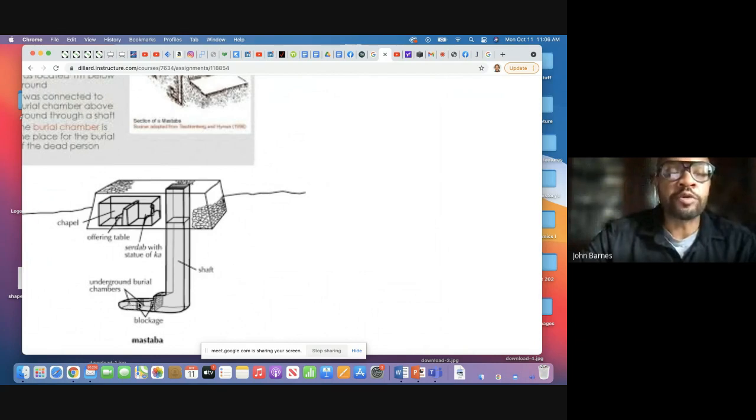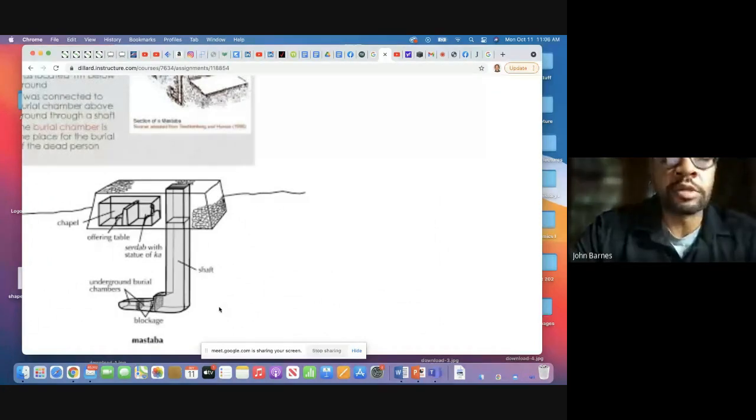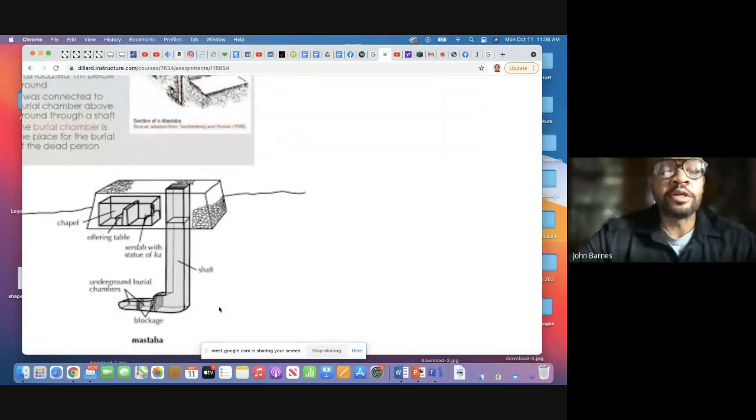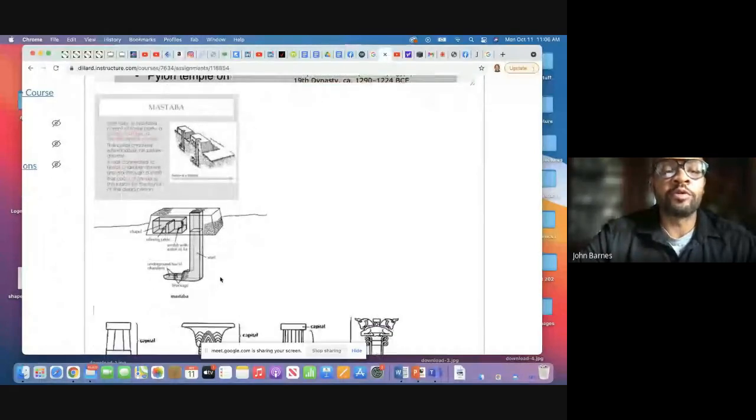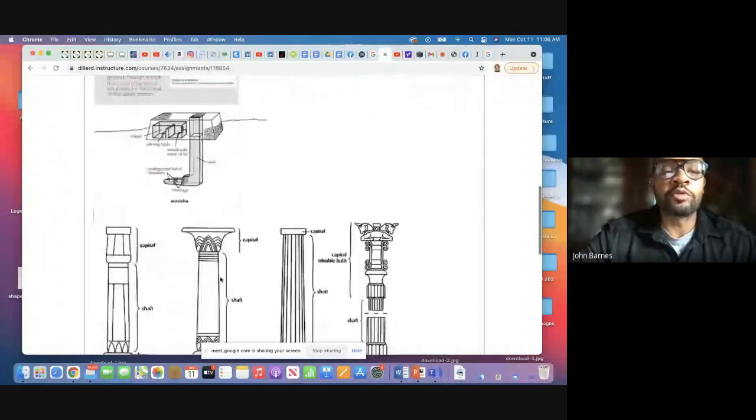And then you have two artificial walls or blockages put in place to distract any thieves. So the Egyptians were always considering protecting the king even in death. So the mastaba is the actual ground level that the structure was built on.